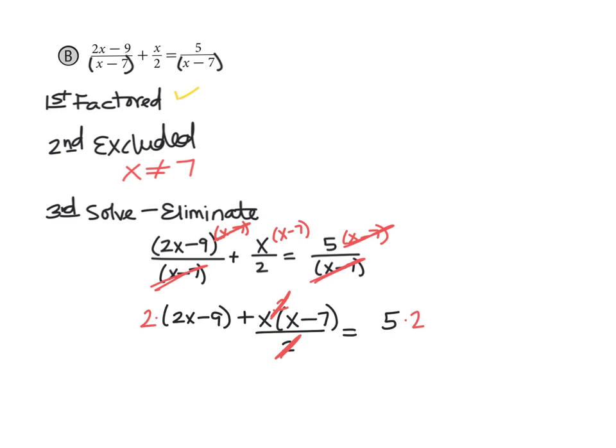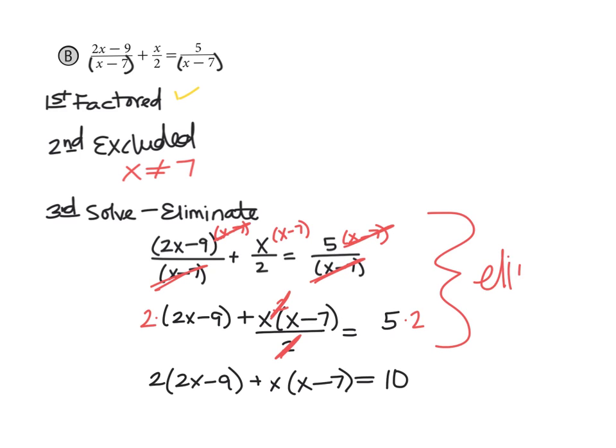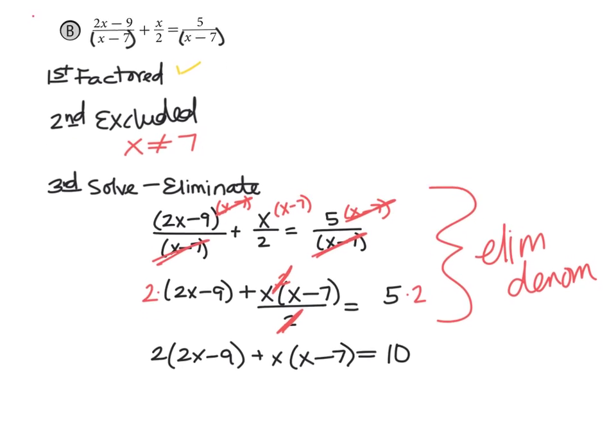So now my problem is going to read 2x minus 9 plus x times x minus 7 equals 10. Make sure you understand the multiplication I did right here to eliminate denominators. Now we're just on to a regular problem that we want to solve.